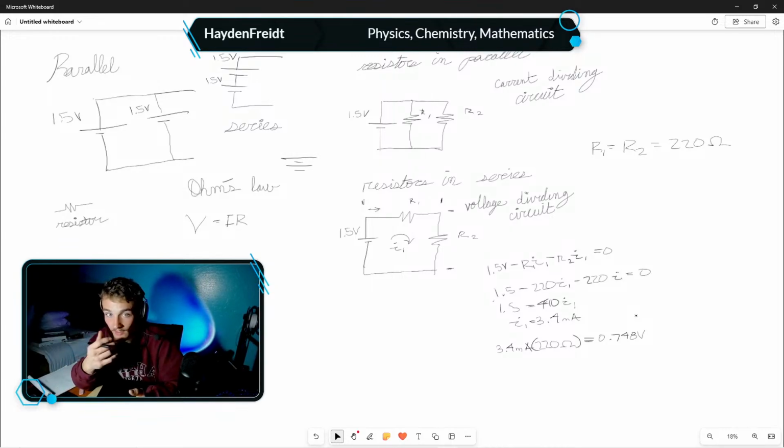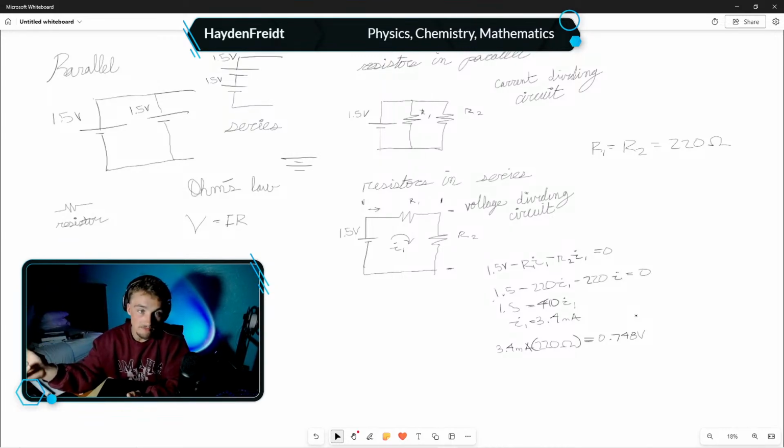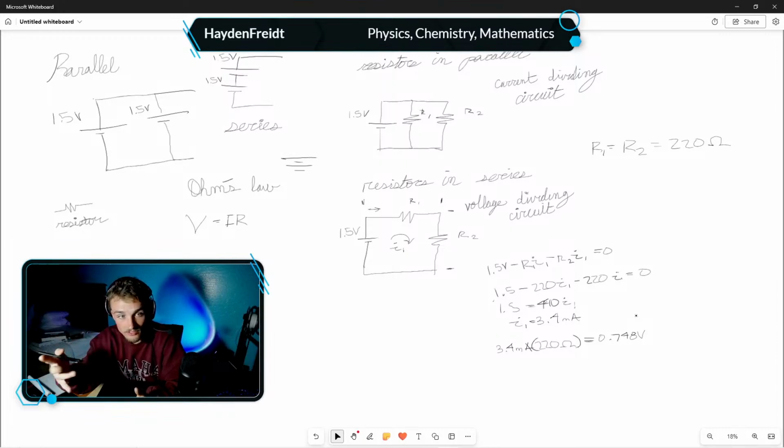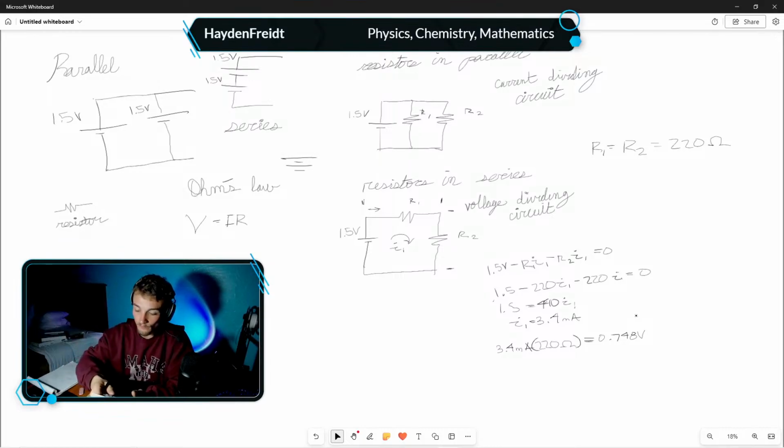And that goes for however many resistors you add of the same value. So if I had 4 resistors of 220 ohms, I'd have an equivalent voltage drop across each of them, and each voltage drop would sum to 1.5 volts. Like a conservation of energy type thing.